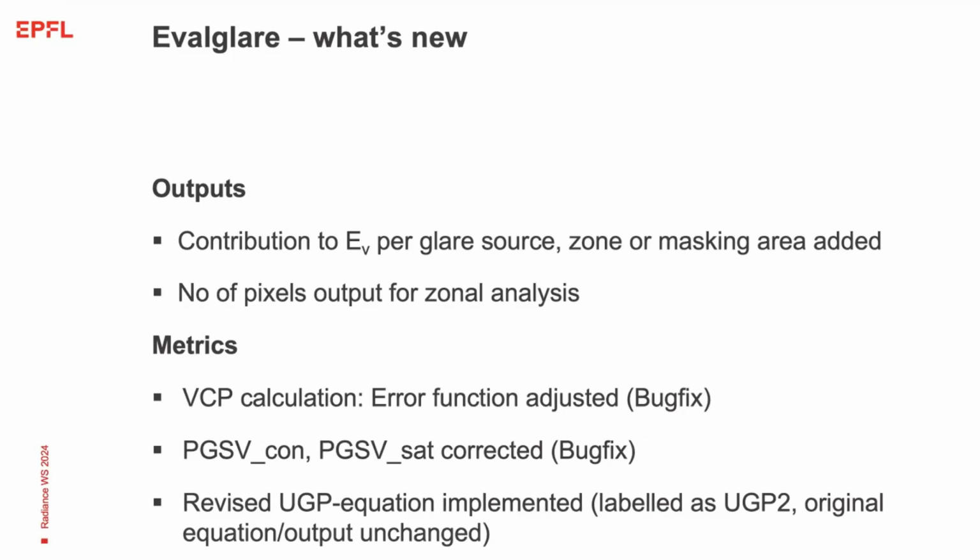There was a second publication on the UGP one or two years after the original publication, and this equation was never implemented in Evalglare. This is now implemented. The old one is still there, so I labeled it as UGP2. So the UGP2 is the new version.